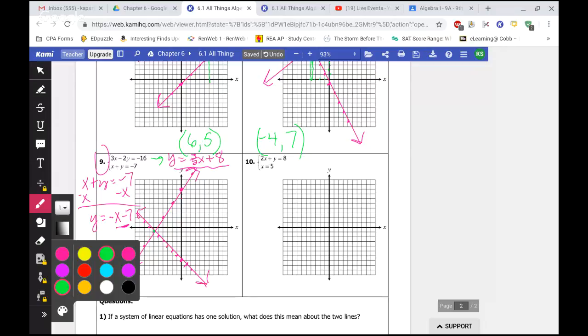And the point where they intersect is right here. So what is that point? What are the coordinates?